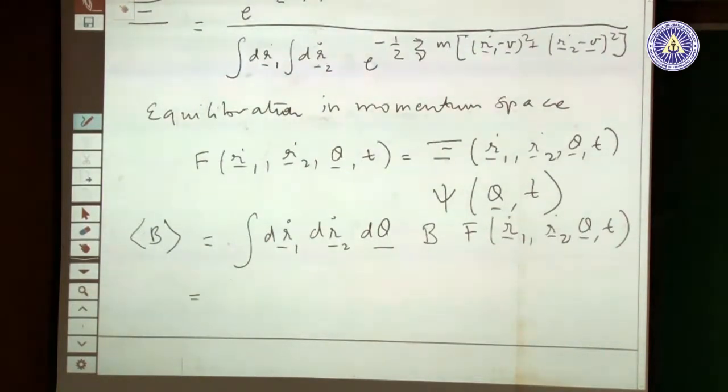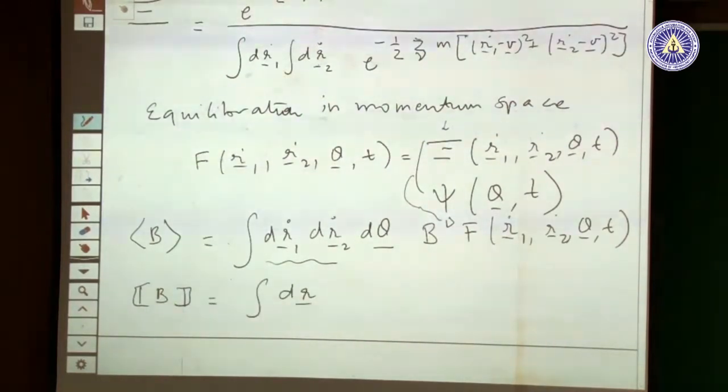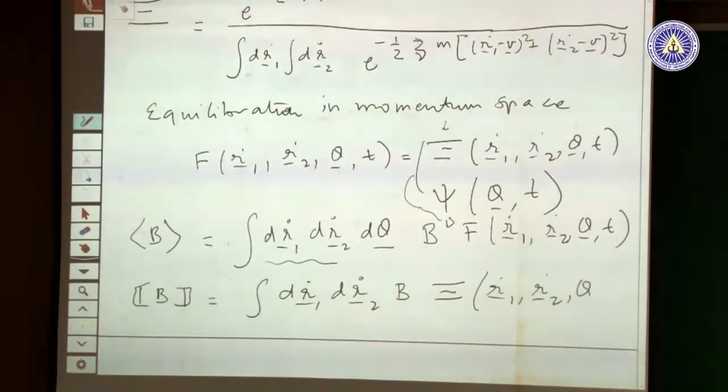Now if I plug in this product here for f, then I can do the integral over dr1 dr2 and psi. First let me define that. I need to define a momentum space average, the integral dr1 dr2 of B times psi.